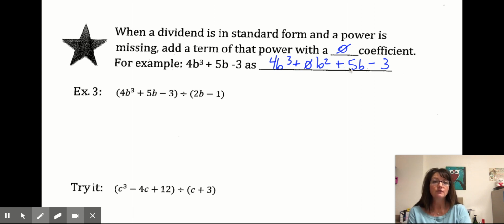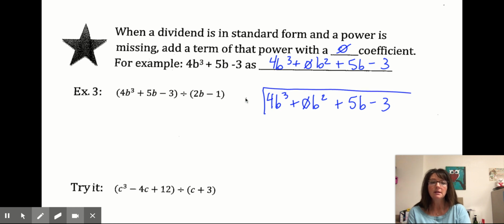So you just add it in so that you go all the way, 3, 2, 1, all the way down. Okay, so now there's 4 terms here that we're dividing. So this becomes our 4b cubed plus 0b squared plus 5b minus 3. It's our dividend, and we have 2b minus 1. Having a binomial like this is still the same.